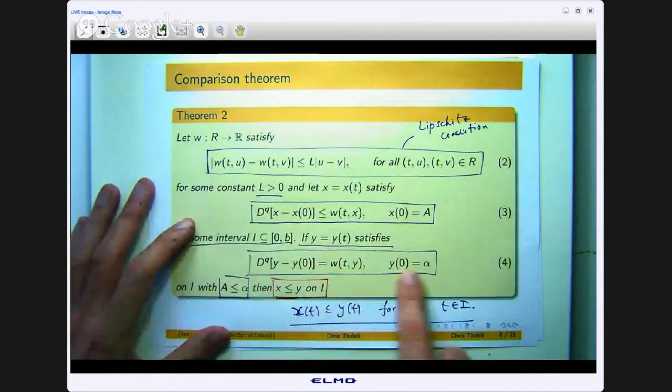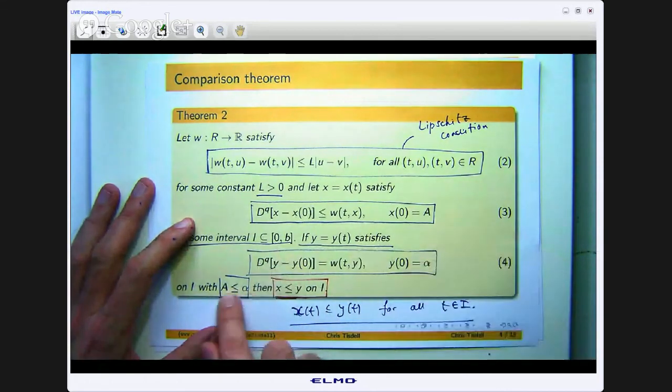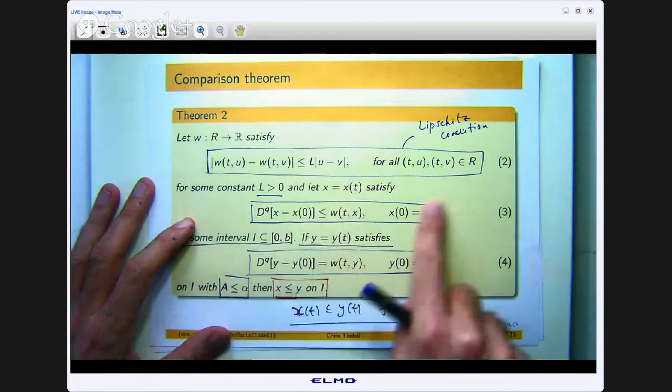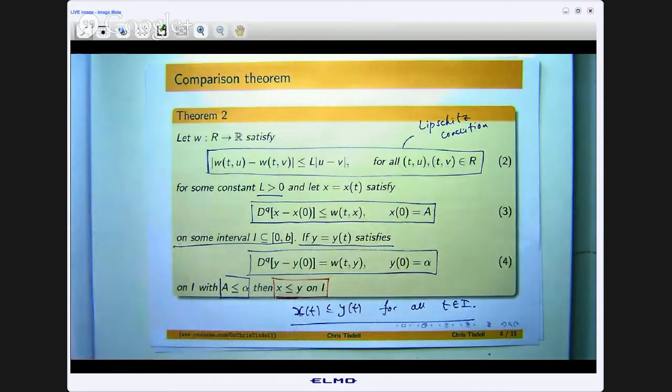Y satisfies your standard initial value problem for fractional differential equations. And the two initial conditions satisfy this inequality. Under those assumptions, you can compare the solution to this with the solution to this through this inequality. X has got to be less than or equal to Y on the interval of interest.